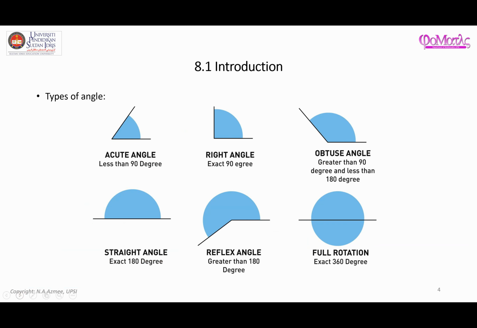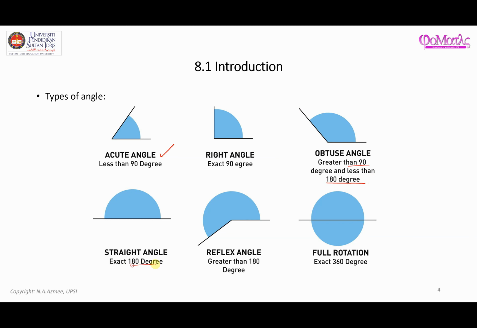These are the types of angles that you may encounter. An acute angle is an angle less than 90 degrees. When the angle is exactly 90 degrees, we call it a right angle. When it is greater than 90 but less than 180 degrees, it is an obtuse angle.